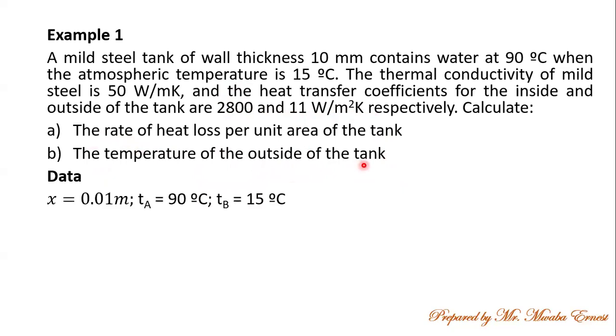Here is our information given. We have the thickness of the tank, 0.01, because it was 10 millimeters. Then temperature inside, 90 degrees Celsius. Temperature B, TB, meaning on the outside of the wall, the environment, 15 degrees Celsius. Then again, the heat transfer coefficient for the fluid inside the tank is 2,800.